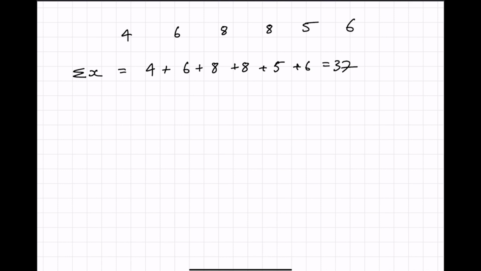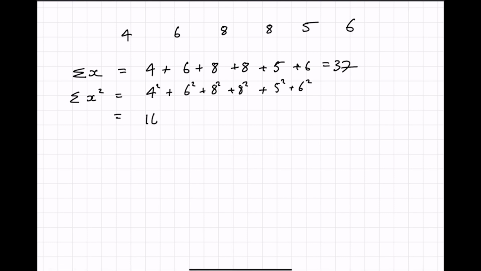So the next thing we want to figure out is what is the sum of x squared. Now be careful here, you can't just square that to get this value here. That's not how it works. What you have to do instead is the sum of x squared means first find x squared and then sum them up. So that means 4 squared plus 6 squared plus 8 squared plus 8 squared and so on. So 4 squared plus 6 squared, 8 squared plus 8 squared, 5 squared plus 6 squared would give us something.